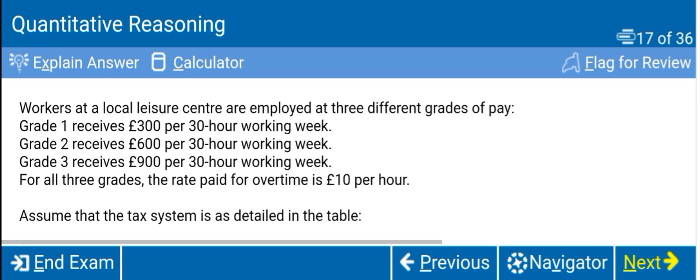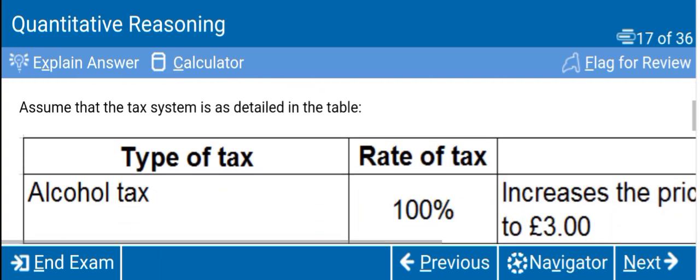For all 3 grades, the rate paid for overtime is £10 per hour. Assume that the tax system is as detailed in the table.